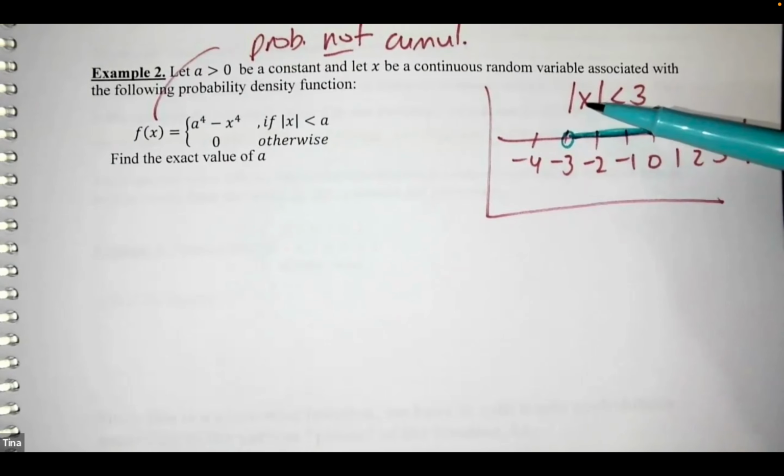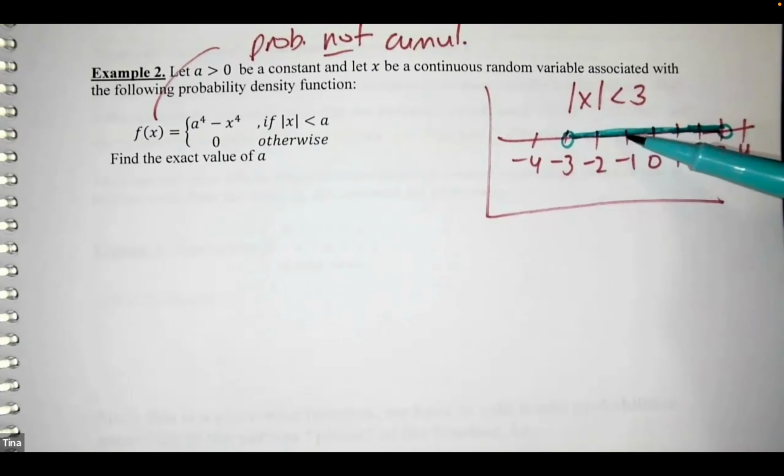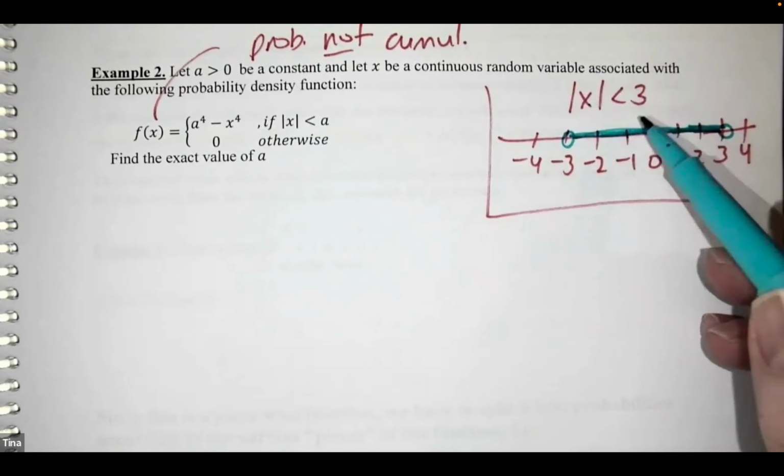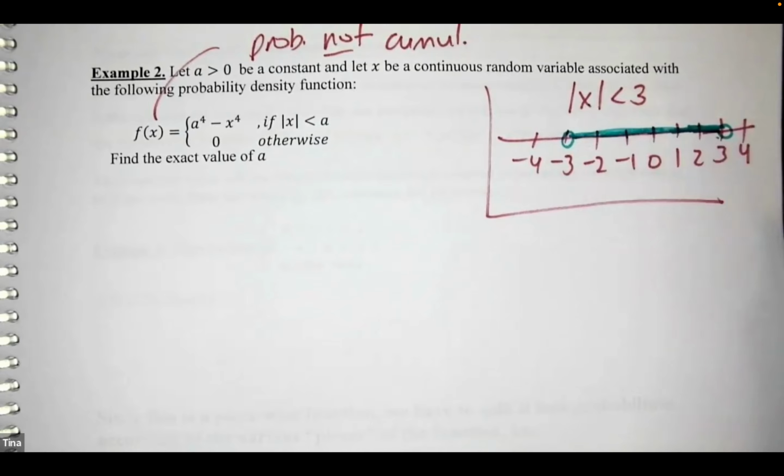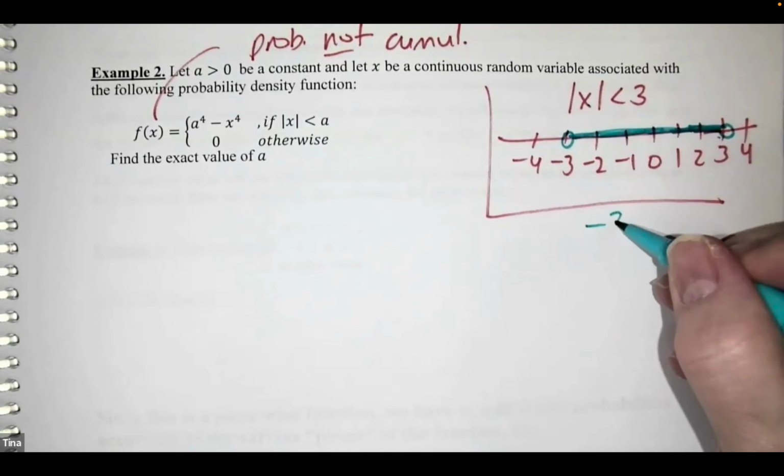Because if I put 0 in here, absolute value of 0 is 0, and 0 is less than 3. Put 1 in, 1 less than 3, yes. Absolute value of negative 1 is 1, and 1 is less than 3. So the absolute value of x less than 3 would be all the numbers between negative 3 and 3.